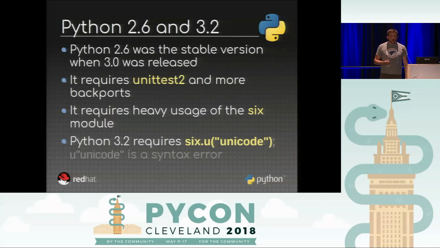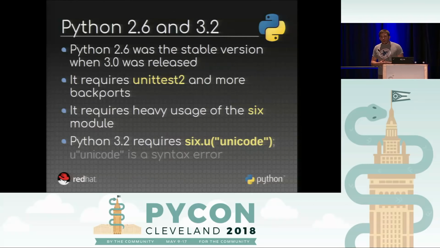And when you use Python 2.6, you have to annotate a lot of code using six. And if you really want to use new Python 3 features on Python 2, you have to use something called backports. And in Python 2.6, you need a lot of them, because we added some Python 3 features in 2.7, but 2.6 was still the stable version.